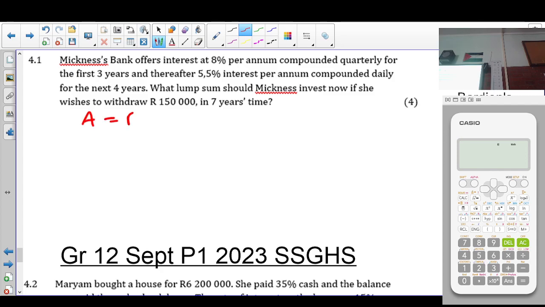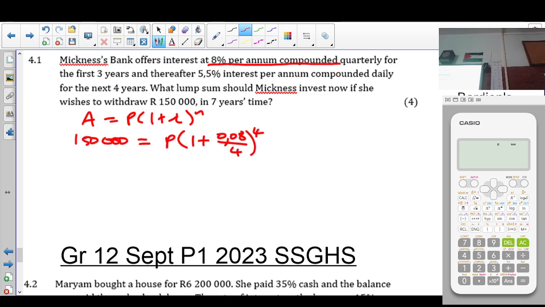So, A is equal to P into 1 plus i to the exponent n. She wants 150,000, so that's going to be your final amount. P is what you're calculating. I consider 8% per annum compounded quarterly, so it's 1 plus 0,08 over 4 to the exponent 4, for 3 years.